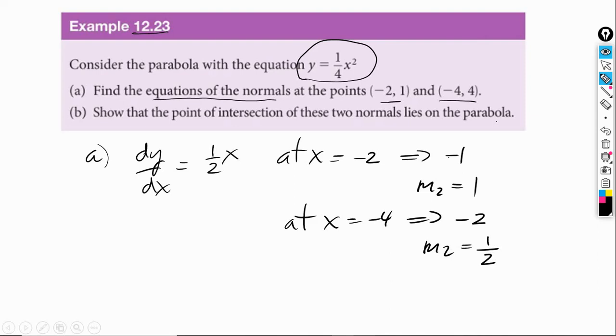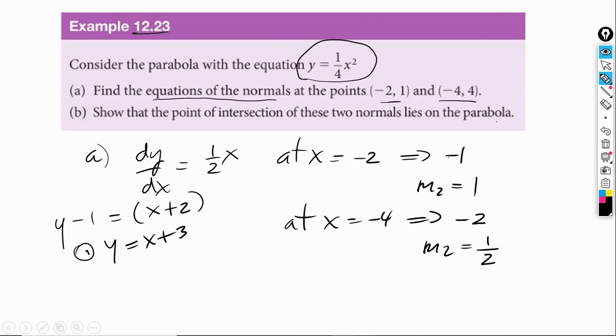And now with this information and the coordinates of their points, we're going to be able to find the equation. So in the first case, let's write y minus 1 is equal to 1, which we don't write, times x minus -2, so x plus 2. And if we rearrange this, we're going to get that y is equal to x plus 3. So this will be our first normal.